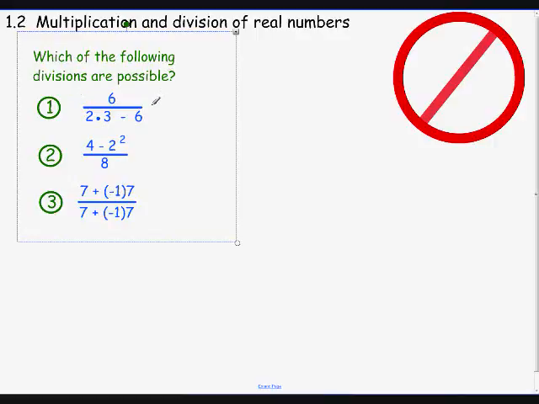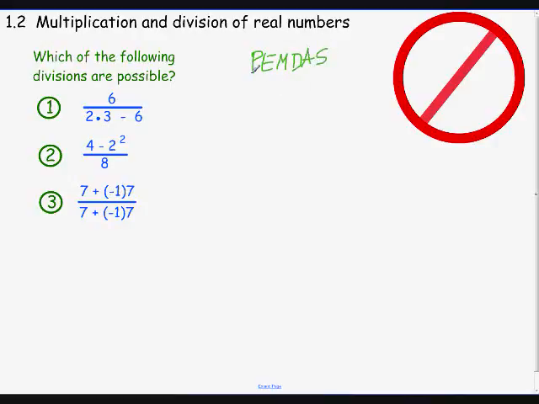Which of the following divisions are possible? Now I want you to remember something here. This is the order of operations, PEMDAS. We've got a denominator, which is a little bit complicated looking.